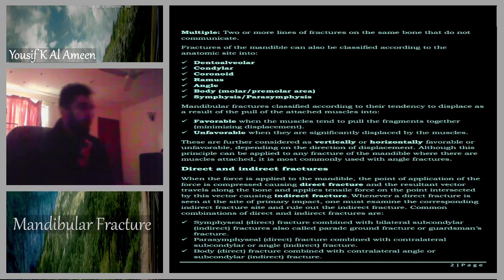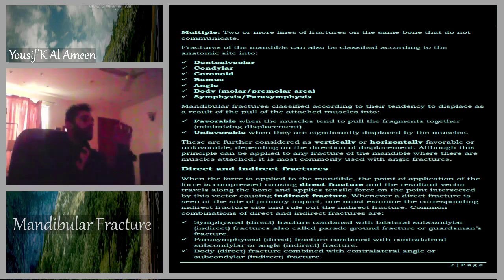Again, let's repeat so that we can understand and keep it in mind. Number one, the symphysial direct fracture combined with the bilateral subcondylar indirect fracture, also called parade ground fracture or Guardsman fracture. Then the second type is the parasymphysial direct fracture combined with contralateral subcondylar or angle fracture.